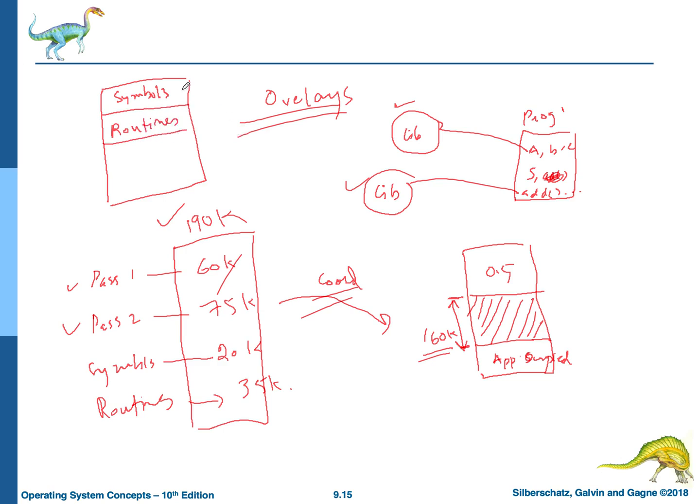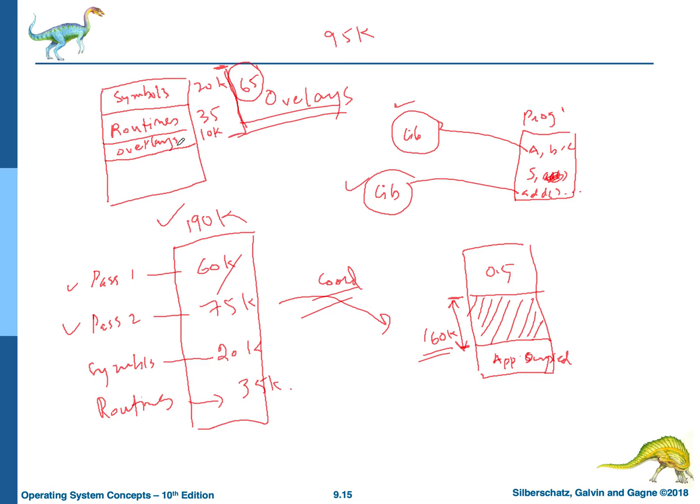Symbols are only 20k and routines are 35k, and we have an additional overlay code that's only 10k. Now we have overall 65k occupied by this information. From 160 we have 95k remaining.